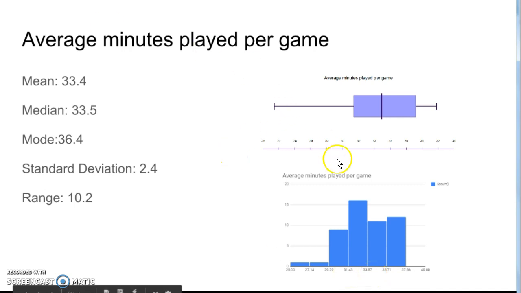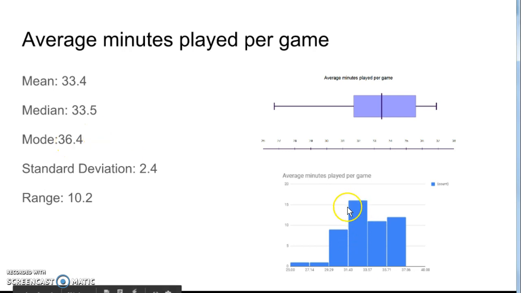But that doesn't necessarily mean that a certain player got this. I just had 36.4 as my mode because that exact value was shared by more players than any others, and it was shared by 3.